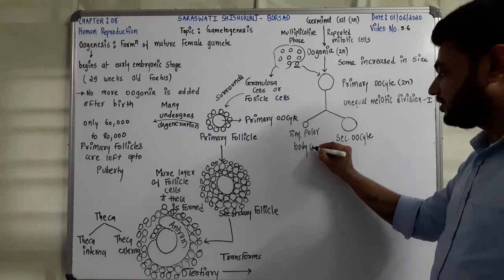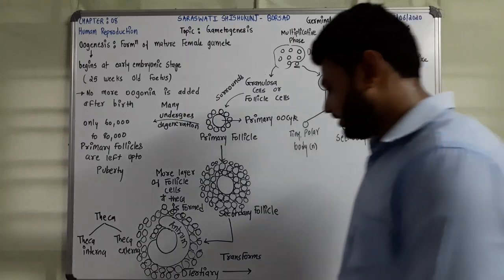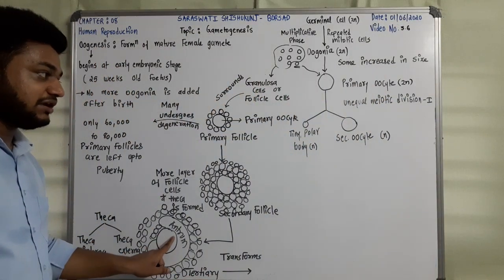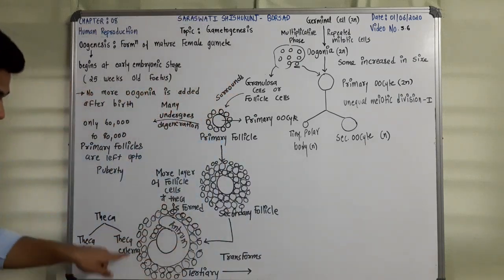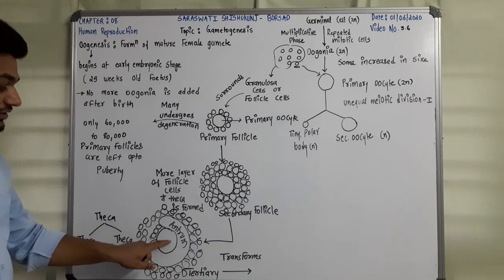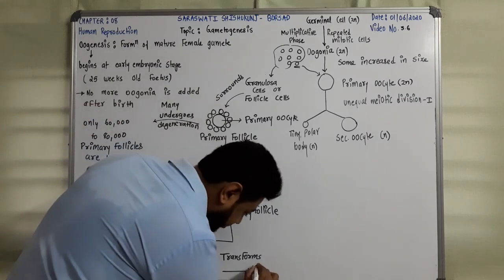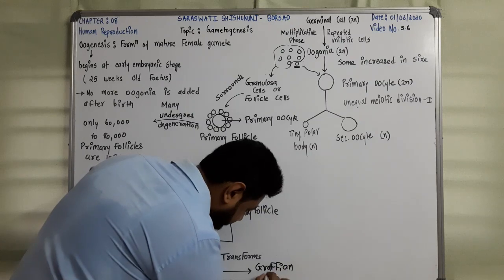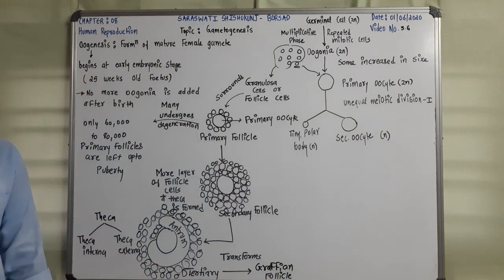See, the polar body becomes haploid, and the secondary oocyte also becomes haploid. Now, this primary oocyte inside the follicle is converted into the secondary oocyte, and the tertiary follicle transforms into the mature follicle referred to as the Graafian follicle.